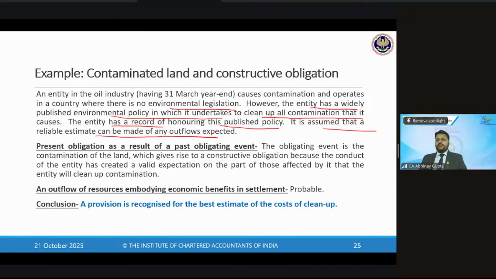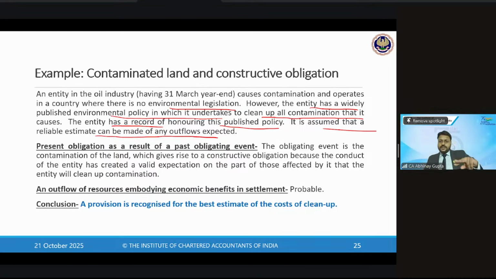So there is a constructive obligating event by virtue of the past event, which is the contamination which has already occurred. Because of this environment policy the company has published on its website and advertised to the public at large, it has assumed a constructive obligation.